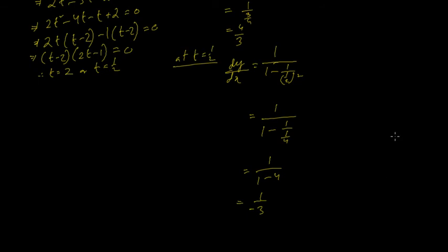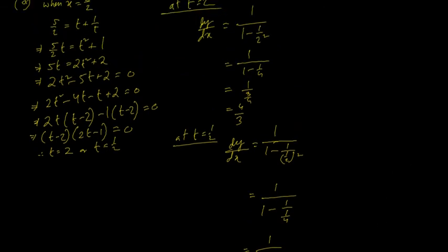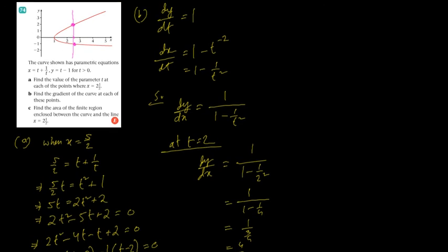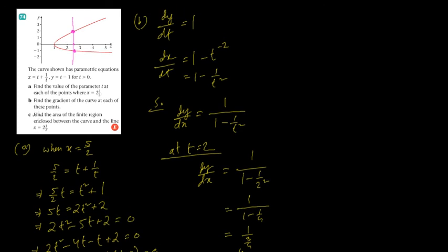Now that we have found the gradient at the 2 points, we have to find the area of the finite region. The area that we have to look for is this region. Find the area of the finite region enclosed between the curve and the line x equals 2.5. So this line is x equals 2.5. So this is the region we are looking for.